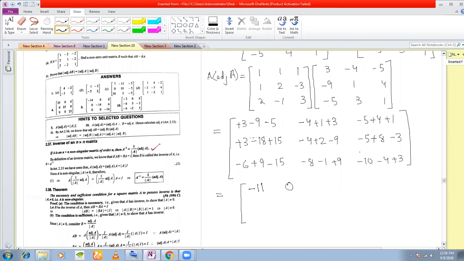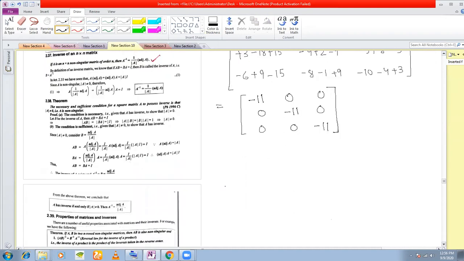And here again you have a 0, and here again you have minus 11. And here again you have a 0, 0, and 0, 0, minus 11 again. This is what you have. So A into adjoint of A is minus 11 times the identity. Now you multiply adjoint of A into A.